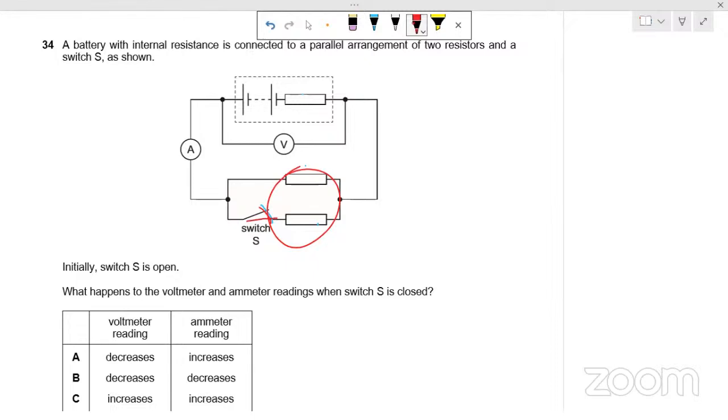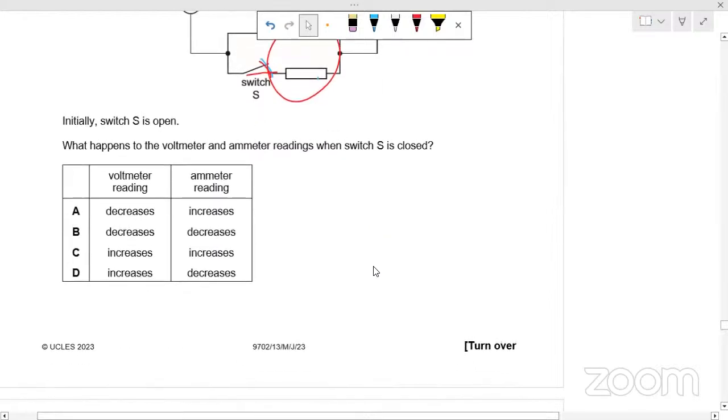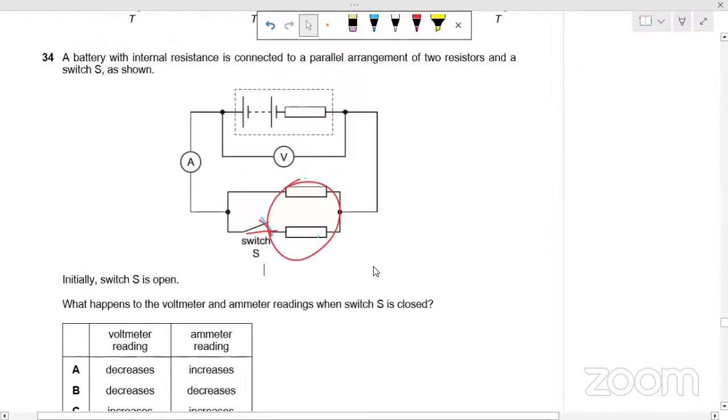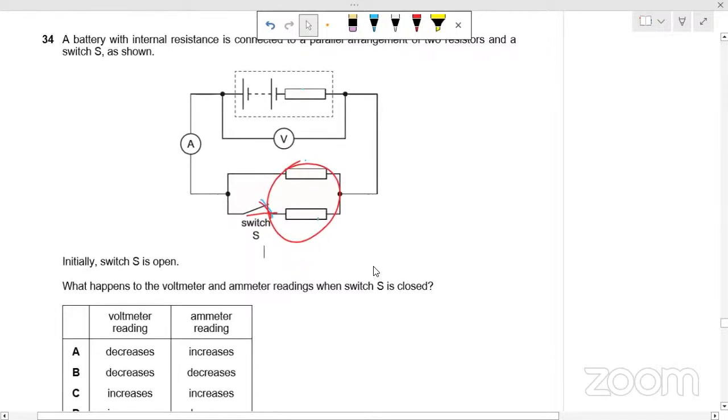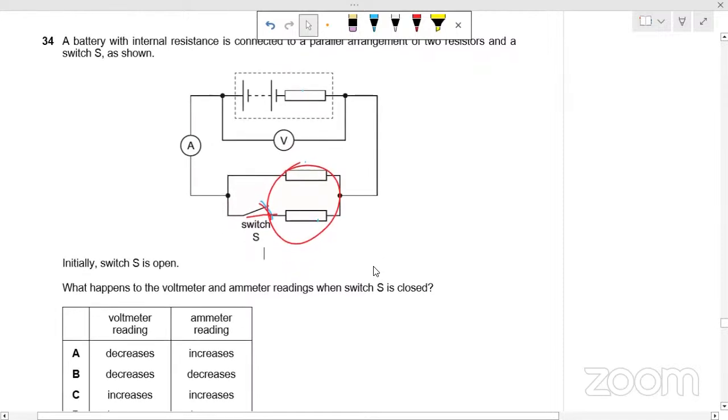So as the resistance of the overall circuit decreases, the current will increase. So the ammeter reading will increase. What will happen to the voltmeter reading?